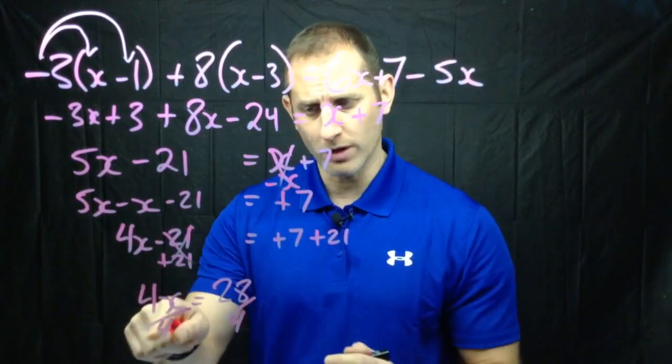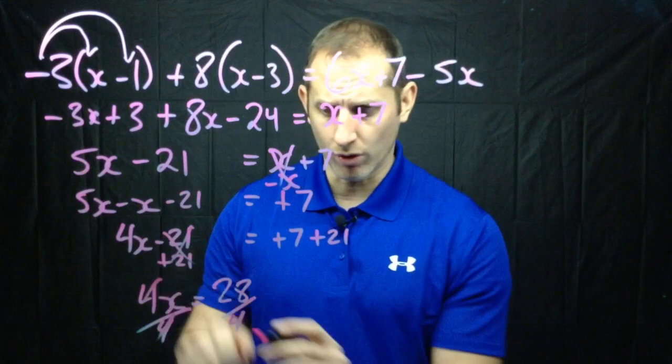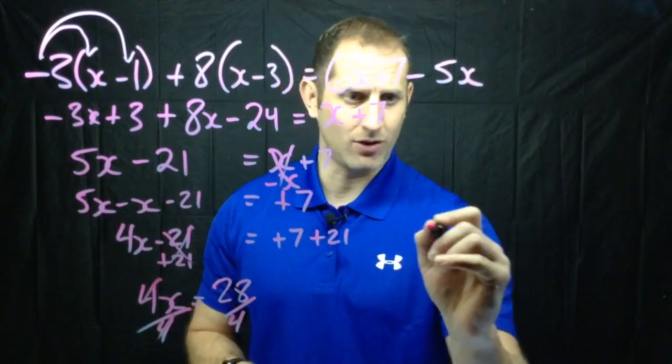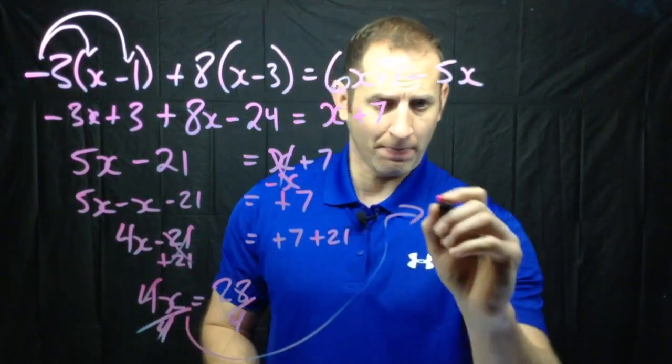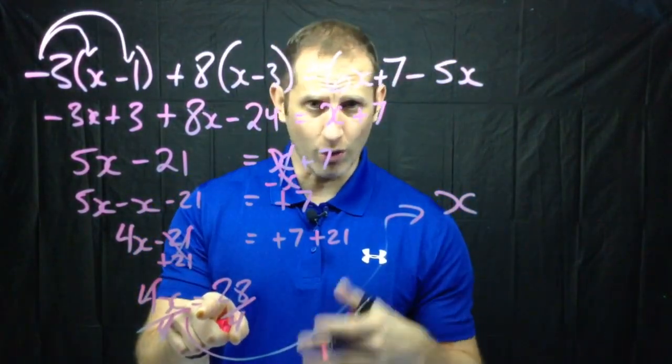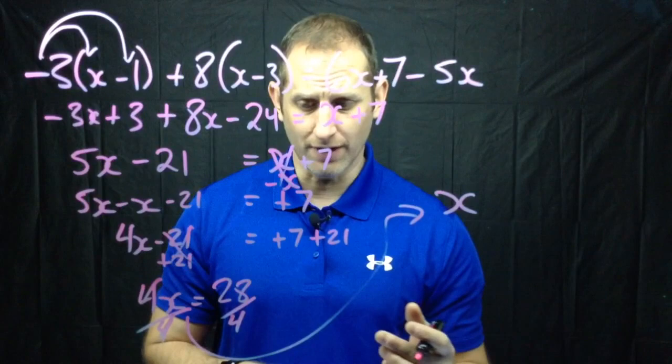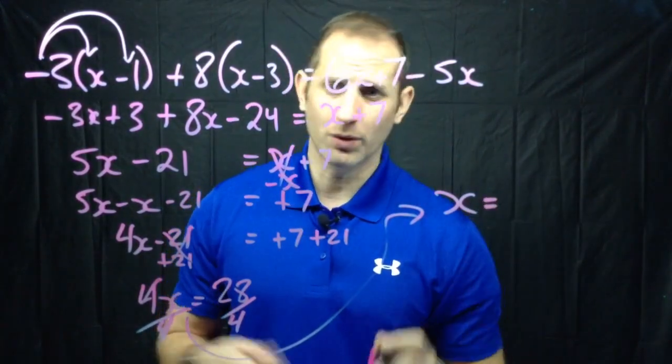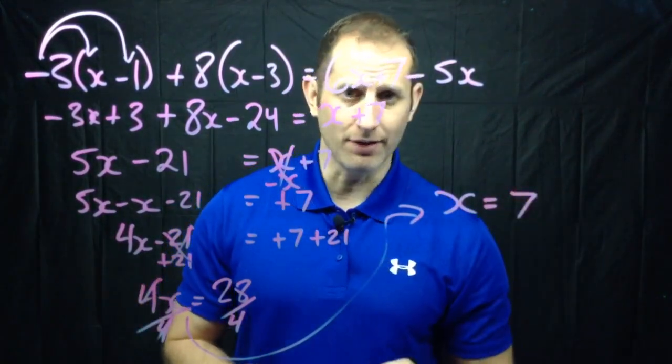That's because 4 divided by 4 gives me 1, or one single solitary x. So I'm going to put this over here. That leaves me with x, and it says that x is equal to 28 divided by 4. So 28 divided by 4 is 7.